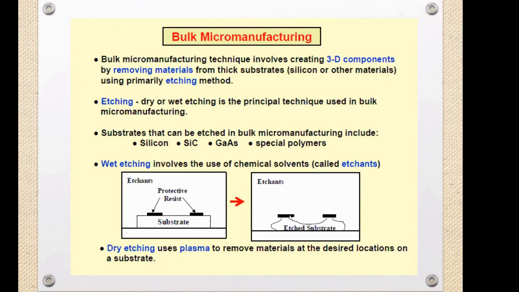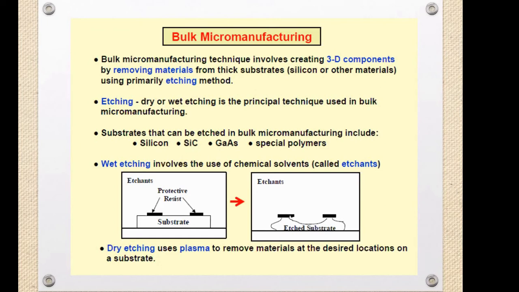These are the three basic manufacturing techniques, and we'll learn what bulk manufacturing is. Basically, bulk manufacturing is widely used to produce microsensors and accelerometers, and it first came in 1960.